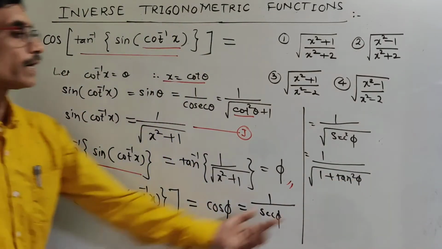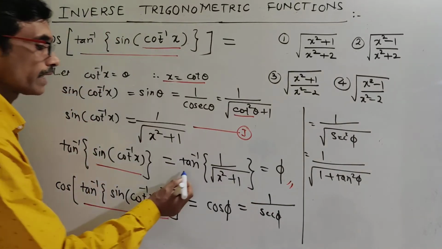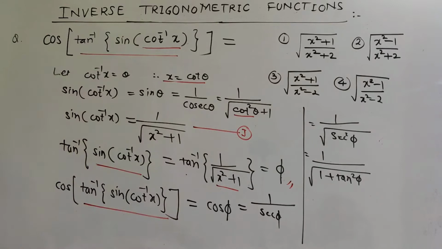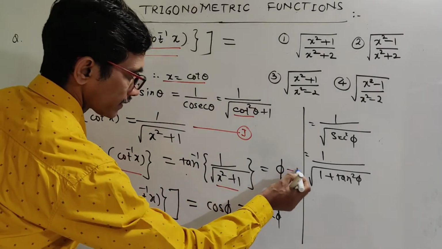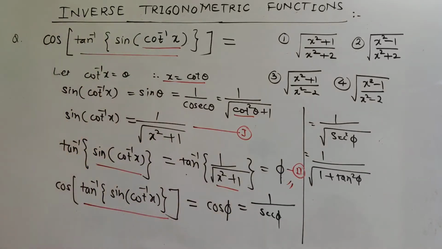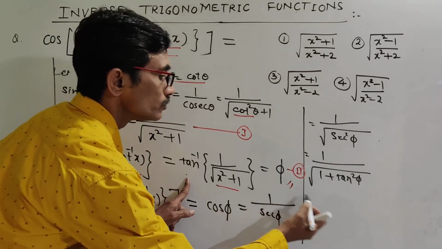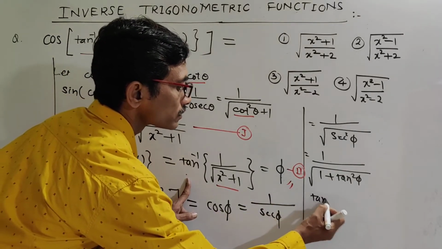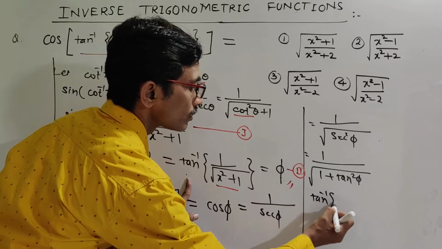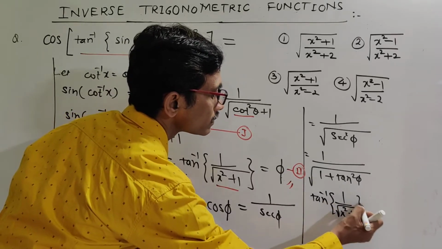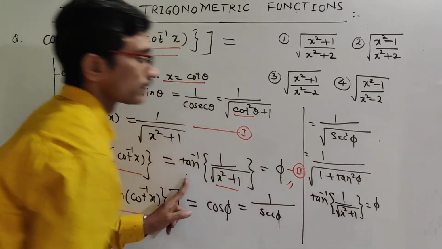Now we can get tan phi. So tan inverse of this is equal to phi. From equation 2, tan inverse of 1 upon root of x square plus 1 is equal to phi.